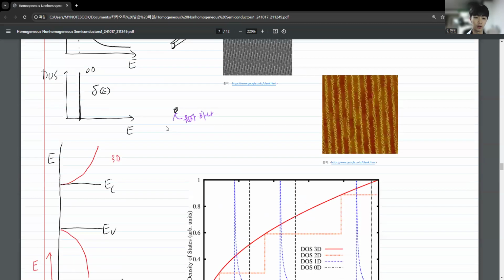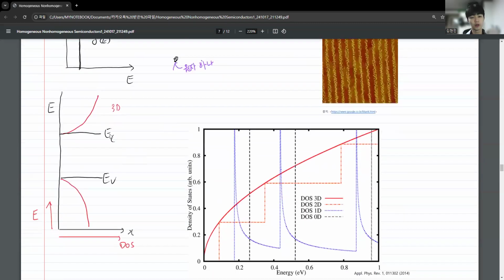At the conduction band, the density of states is this graph, and at the valence band, the density of states is this graph.